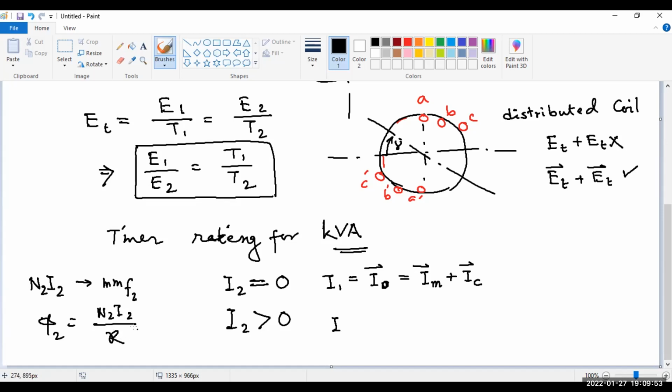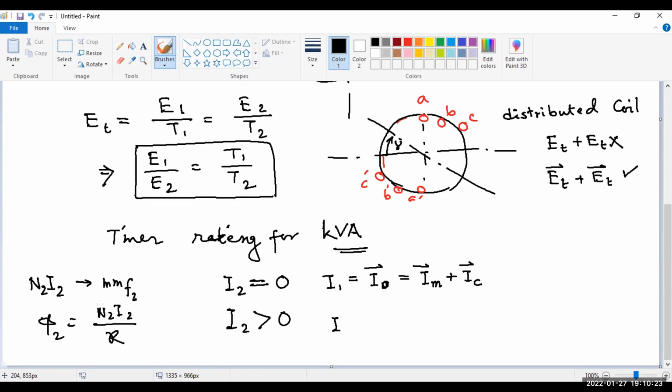I think you have also studied magnetic circuits in very basic electrical engineering. So once there is a current in the secondary, the first thing we get is the MMF, magnetomotive force, like electromotive force or voltage in an electrical circuit. In a magnetic circuit, we need some MMF to produce some flux.